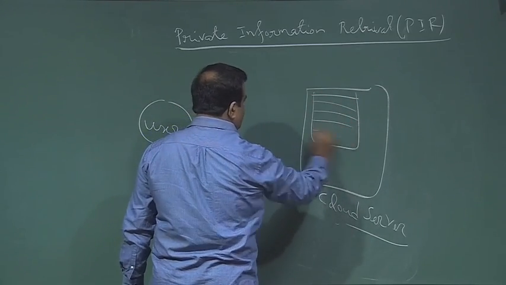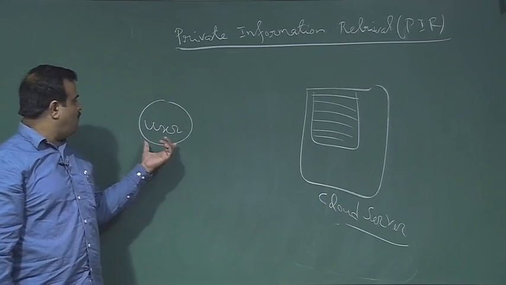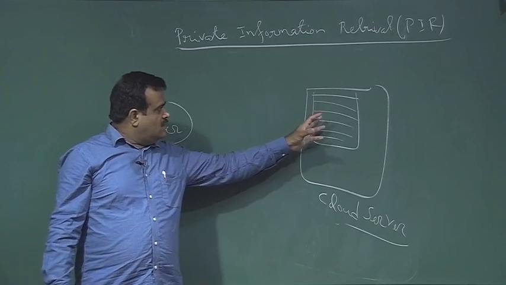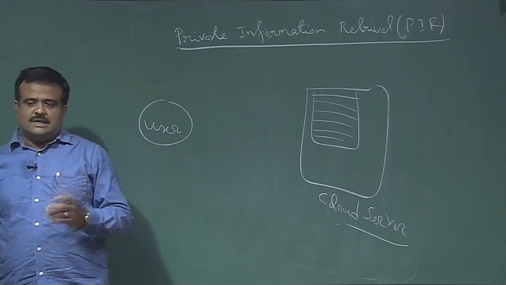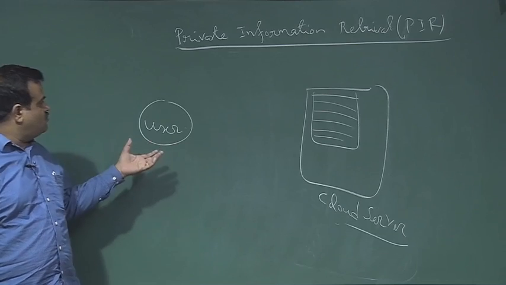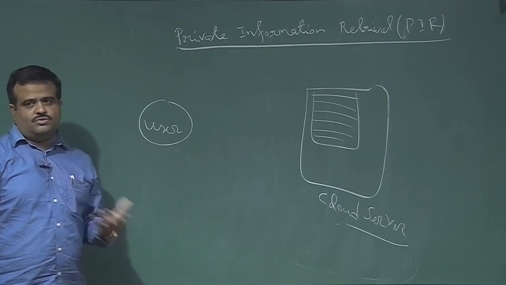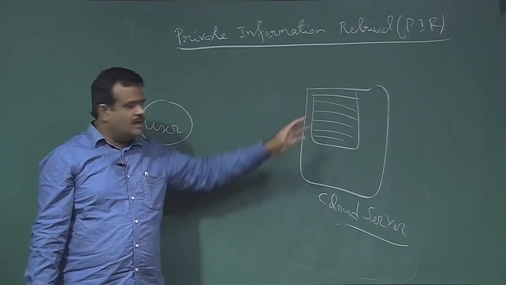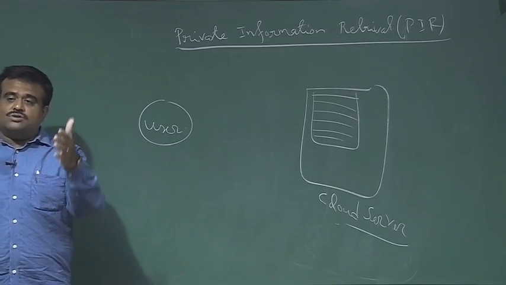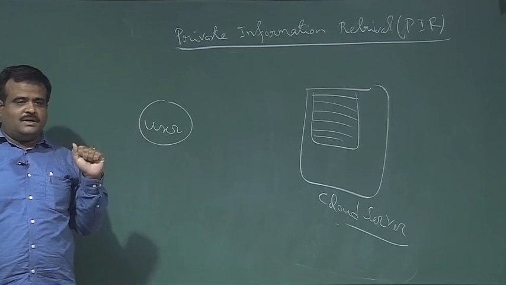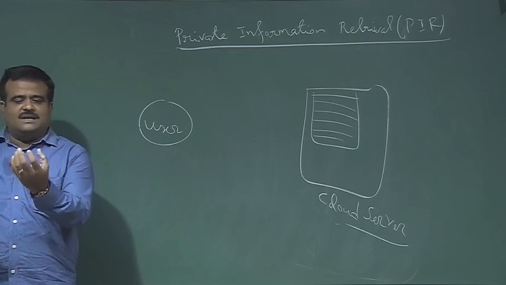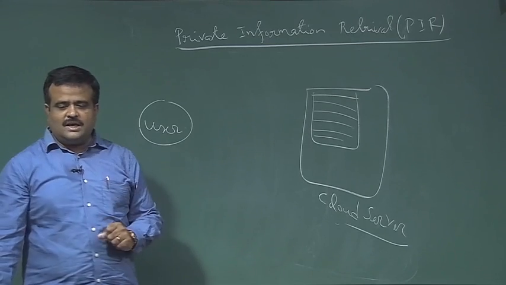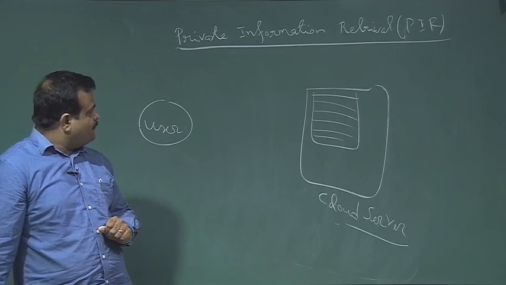Since we have a storage constraint, we keep our data with the cloud so that we do not need to maintain the data here. Also, we want to compute some functionality at the cloud side in order to avoid the computation at our end, because we may be carrying a mobile device which has a memory constraint as well as a computation constraint. Okay.